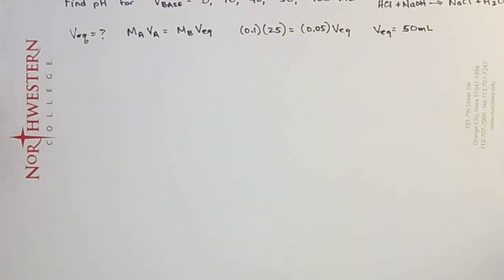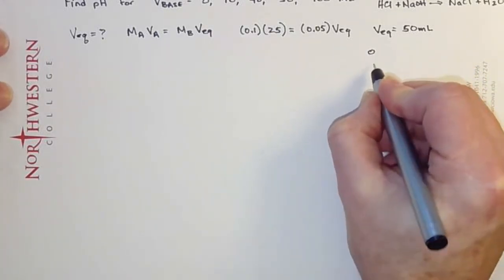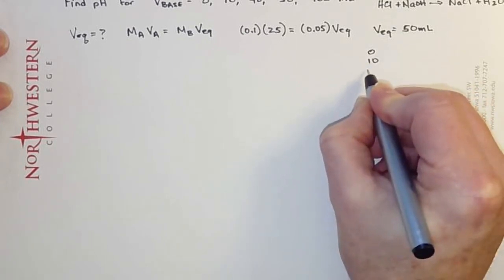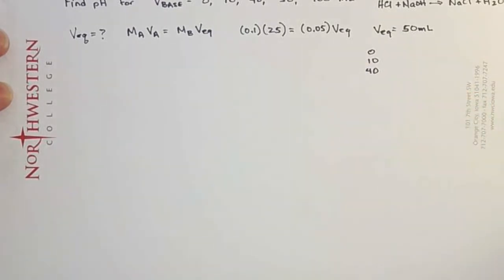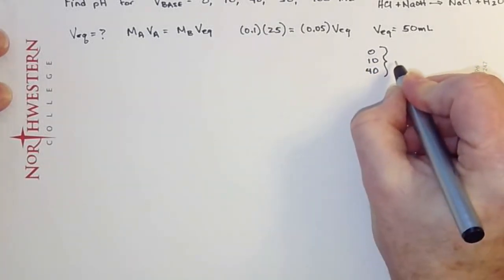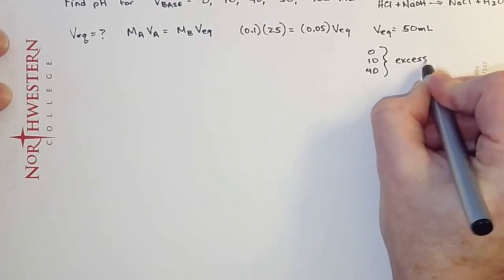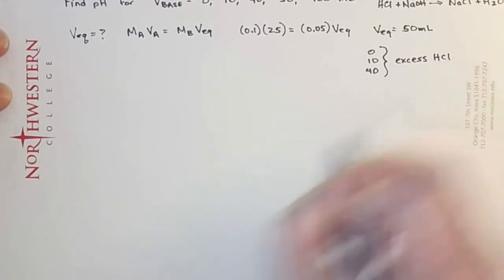Knowing the VEQ is pretty helpful for this kind of problem. It allows us to expect that at 0, 10, and 40, anything where the base is less than that 50, our pH is going to be determined by the excess HCl that's in our system.